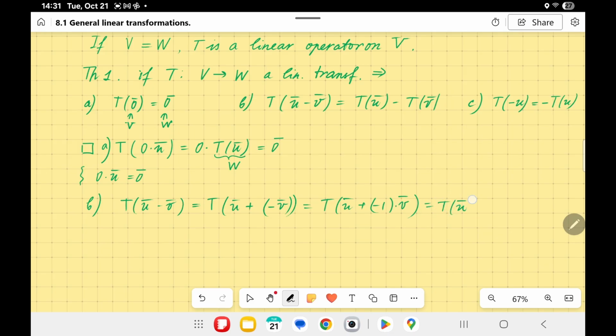So it's the transformation of u plus the transformation of negative 1 times v, and then we use homogeneity on this term, and we are going to have the transformation of u plus negative 1 times the transformation of v, right? And we remember that multiplication by negative 1 is just a minus. Okay, so that's T of u minus T of v.